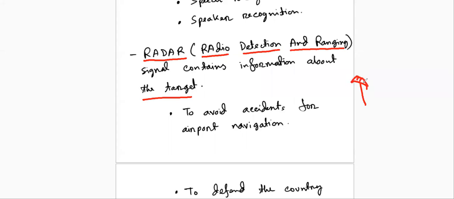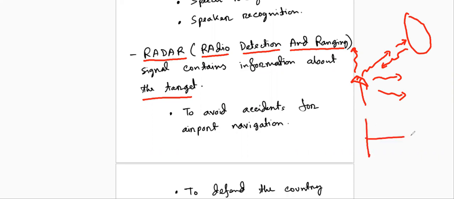So let's say this is the antenna. From the antenna, you are sending signals in different directions. Let's say you have an object. Whenever you have the object, there will be some reflection. So you have the sending signal and the received signal like this.